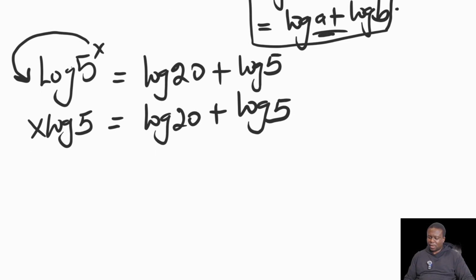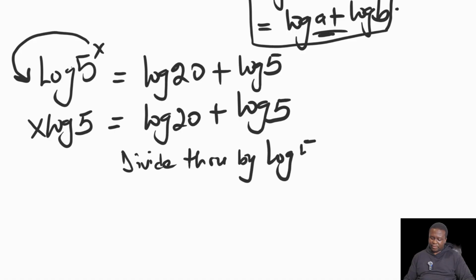Now, we can divide through by log 5 on the left-hand side and on the right-hand side. So let's do that. Divide through by log 5.